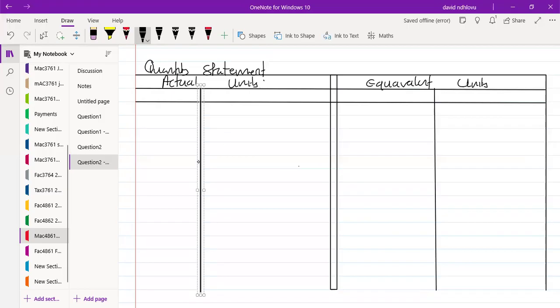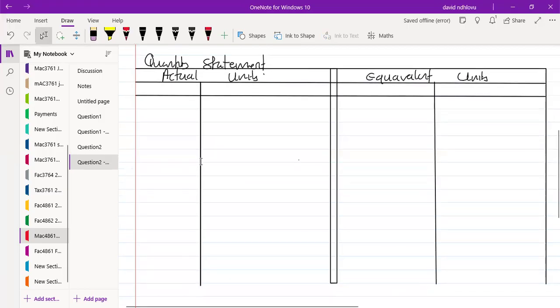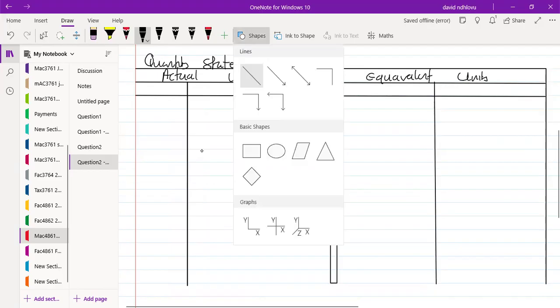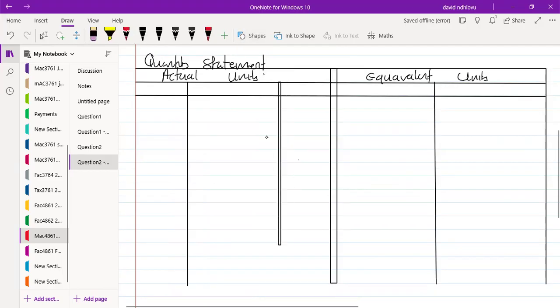The middle column must be slightly bigger than the other columns, so I'll just put it on the side like so. Here you say material, then you put percentage, and here you say conversion costs.